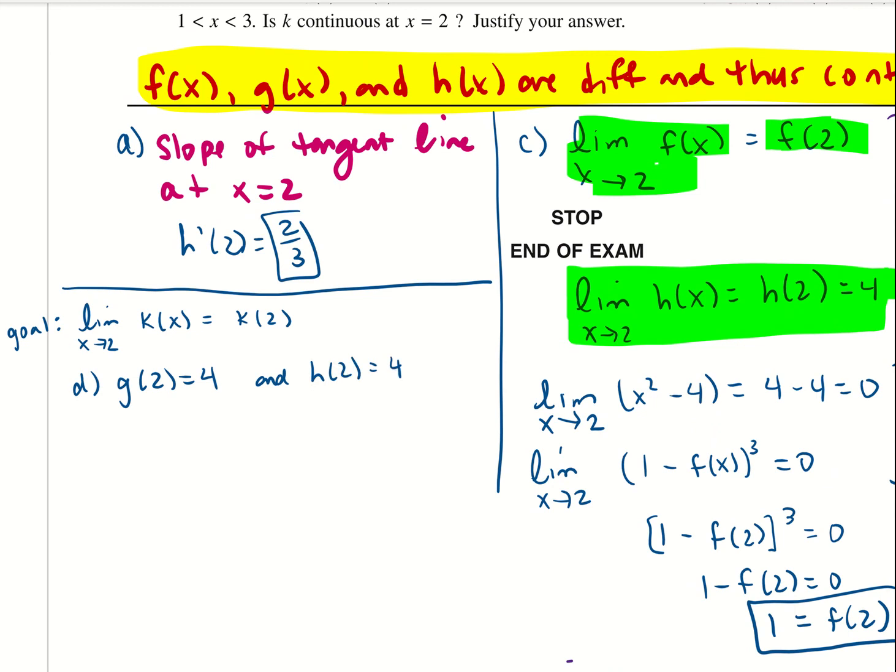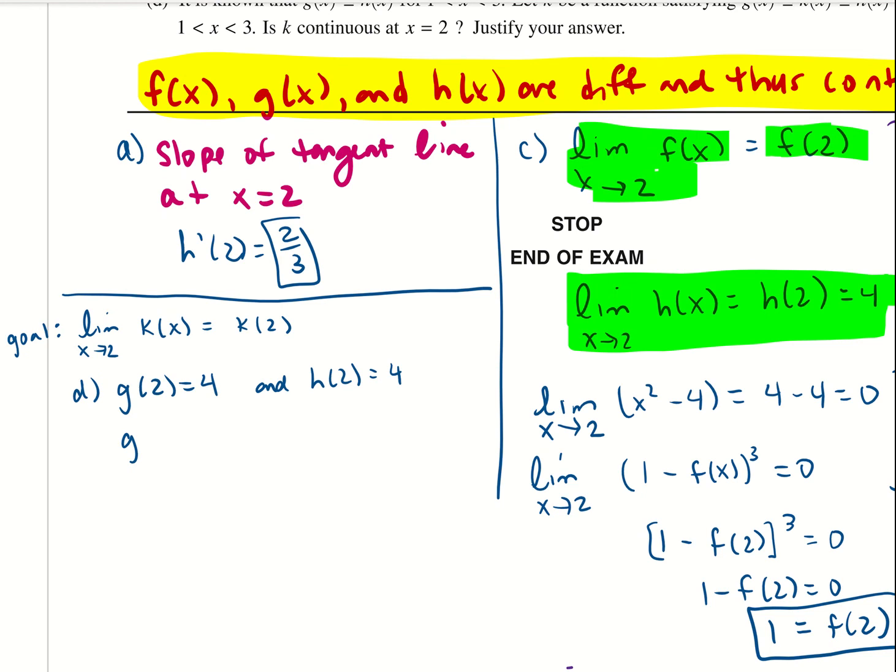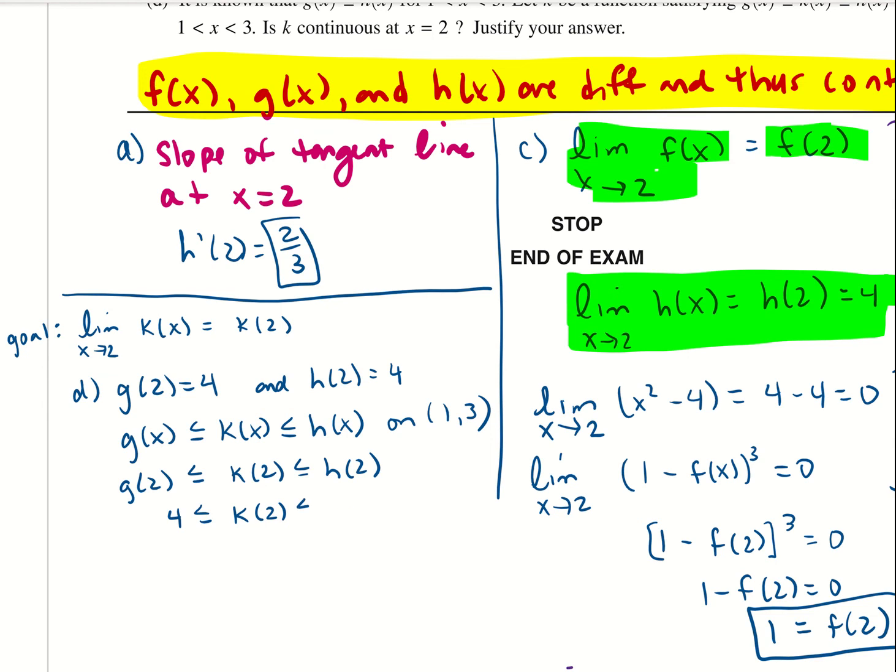And we are told in the given for part D that G of X is less than or equal to K of X, which is less than or equal to H of X. That's on the interval from 1 to 3, so therefore G of 2 is less than or equal to K of 2 is less than or equal to H of 2, and those are both 4. So K of 2 must be less than or equal to 4 and greater than or equal to 4, so K of 2 has to equal 4. Okay, so my goal is to show that the limit of K would also have to equal 4.